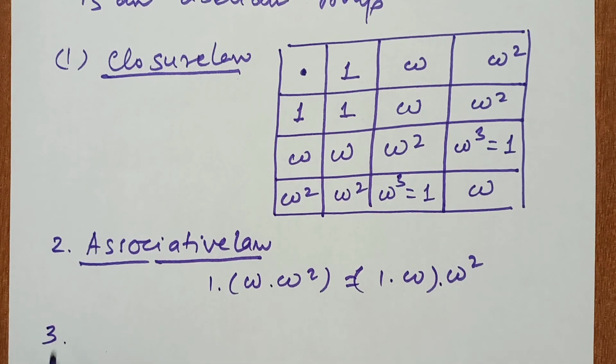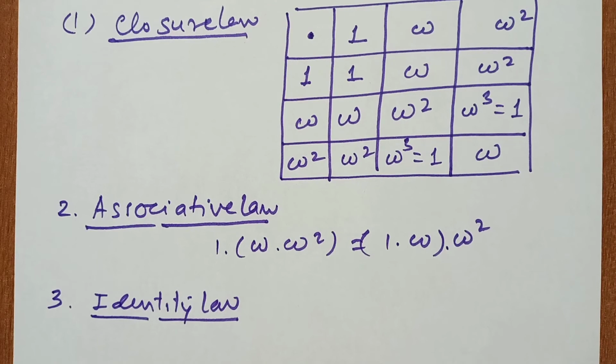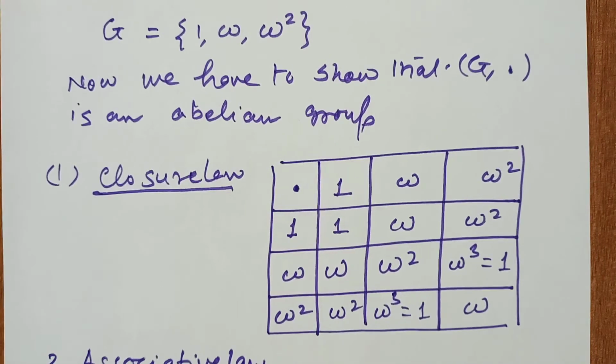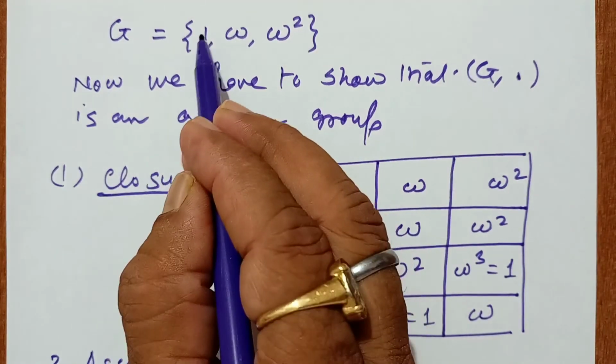Third is the identity law, meaning whether this non-empty set has an identity or not. First you see what the operation is. Here the operation is multiplication. You remember that in the case of multiplication, 1 is the identity element. So in your set, if the operation is multiplication, 1 must be present. Here 1 is present.